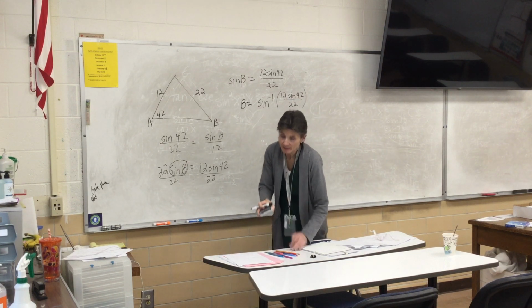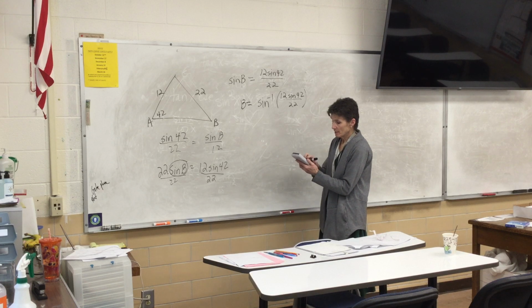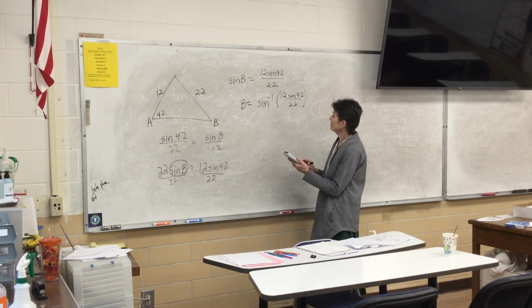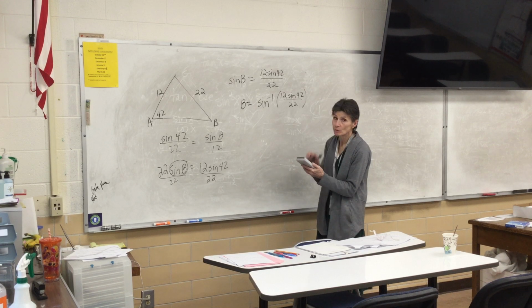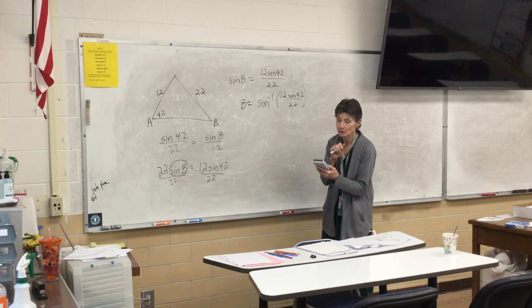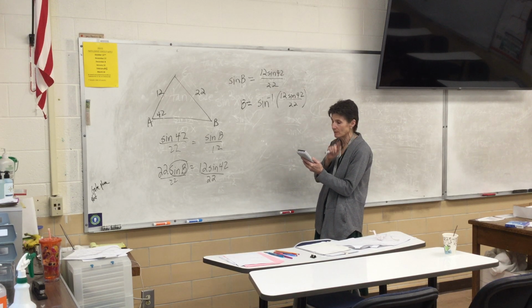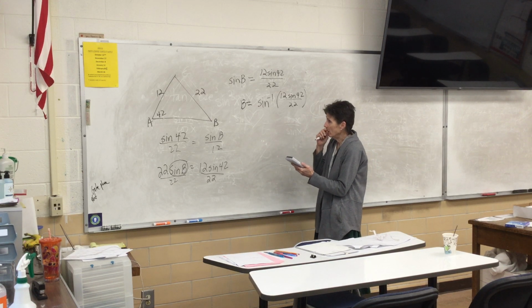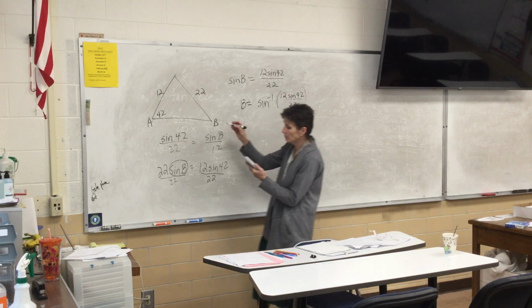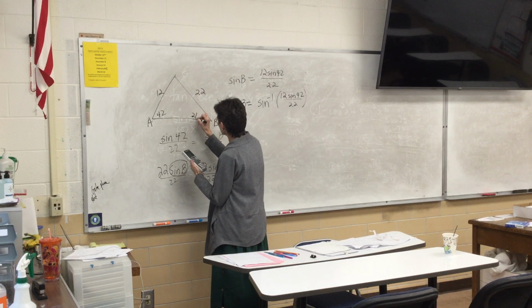Here we go, we're all typing this in together. Second sine 12 sine 42, close the parentheses around the 42, please, just one parentheses around the 42, divided by 22, and you should come up with 21.41.